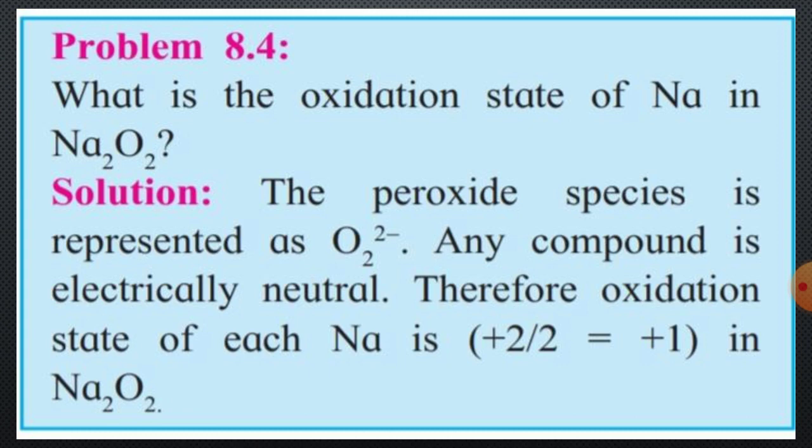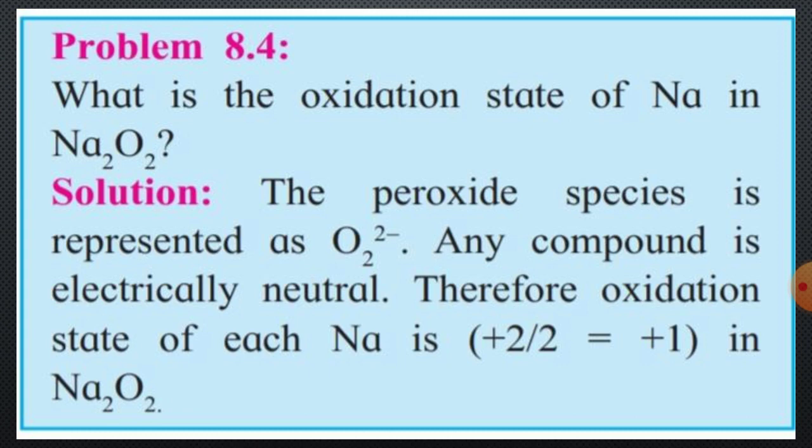Here 2 Na is there, so +2 divided by 2 gives +1. So here is the answer: the oxidation state of Na in Na2O2 is +1.